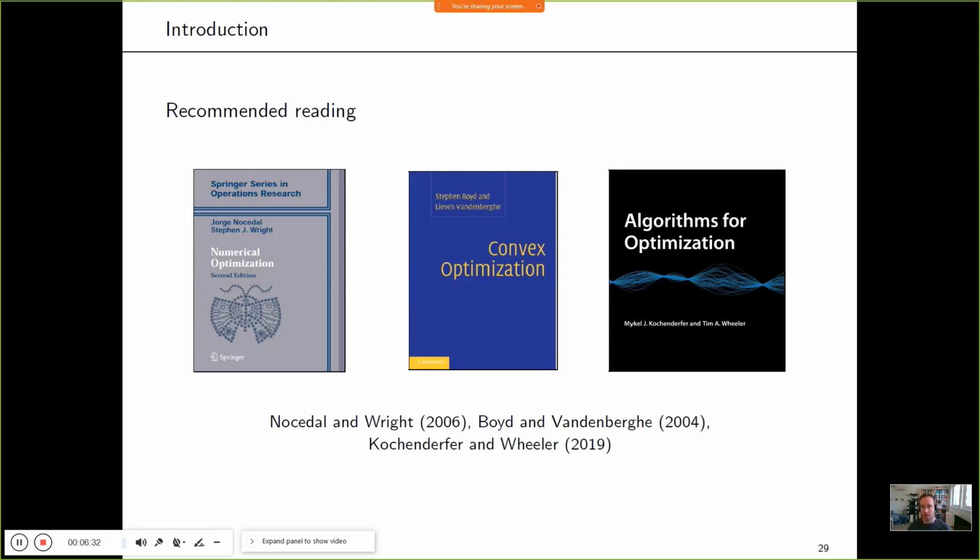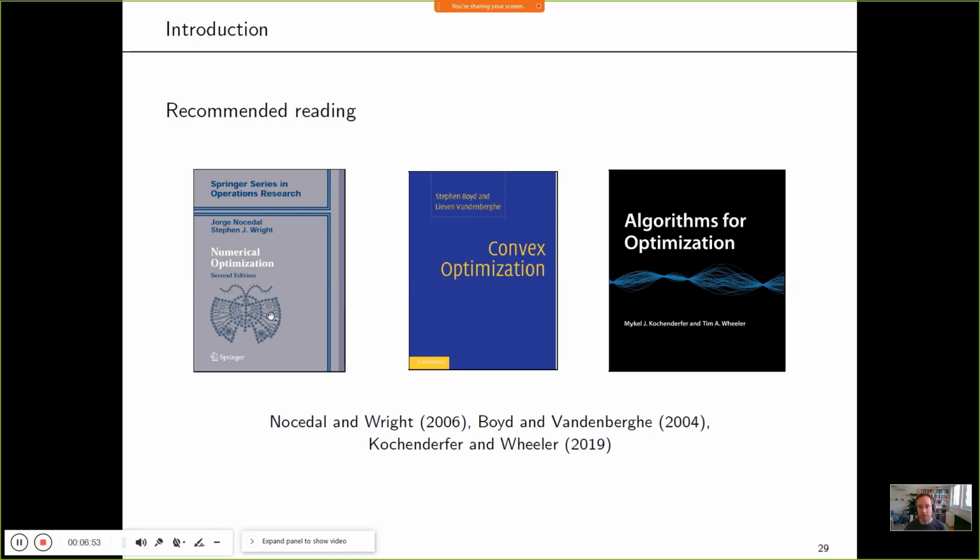So these are books on optimization that I really highly recommend. So personally, I find this Nocedal book the clearest and best, or at least compared to the convex optimization book by Boyd and Vandenberghe.